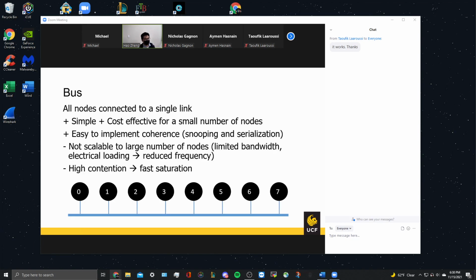So the first one is bus, right? All nodes are connected to a single link. The good thing is it's quite simple and cost effective for a small number of nodes, and easy to implement the coherence, the snooping. Do you remember that? So what is the snooping protocol?